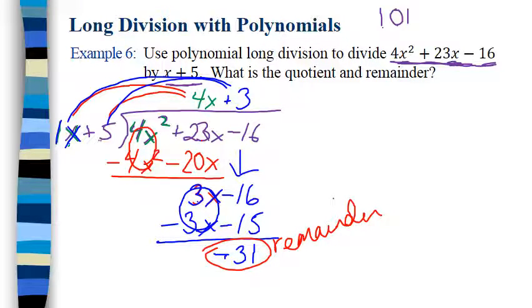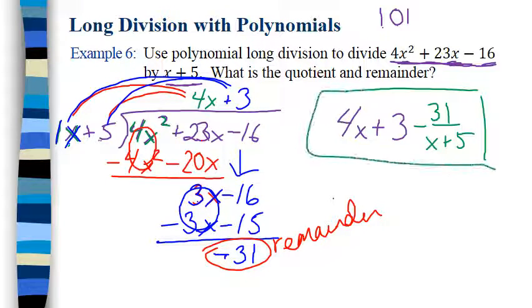That means the quotient, q of x, is going to be 4x plus 3. And the remainder of negative 31 can't be divided by our divisor x plus 5. So here is our quotient 4x plus 3, and the remainder of negative 31 can be written as negative 31 over x plus 5.